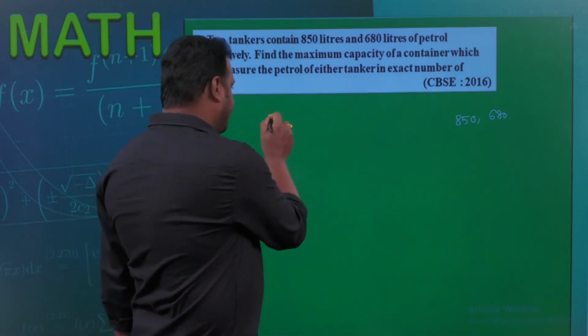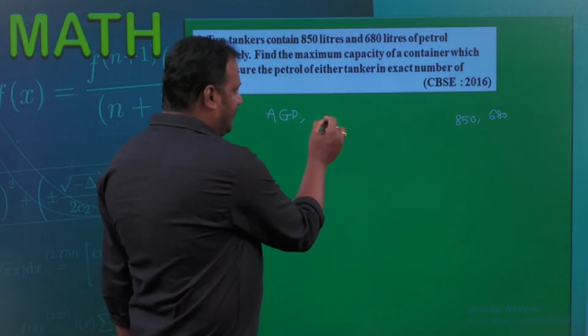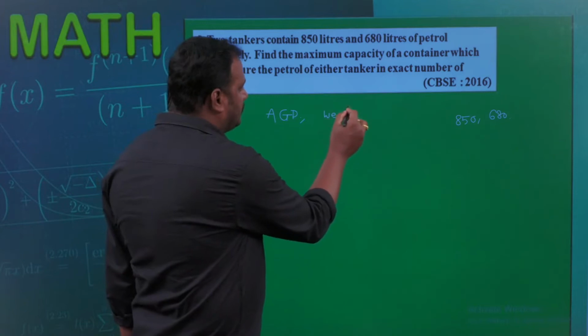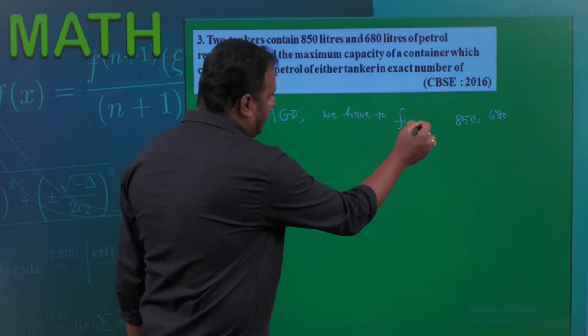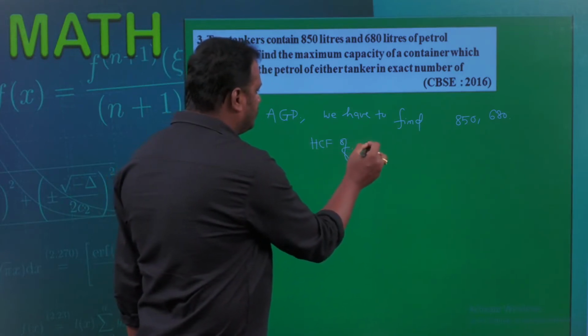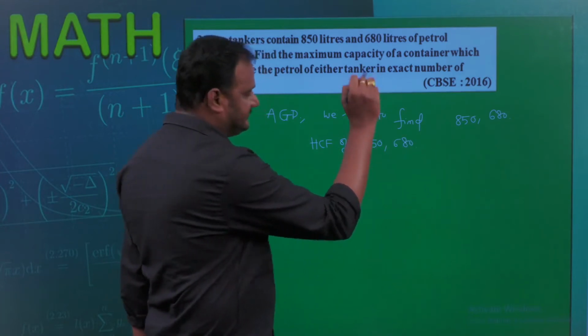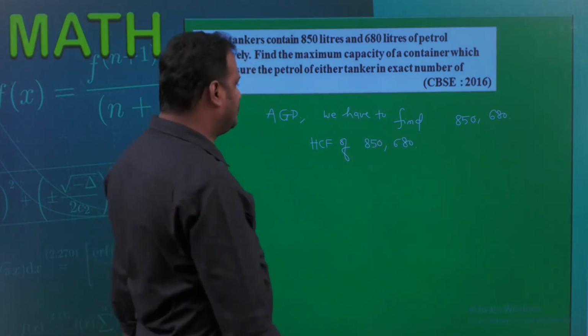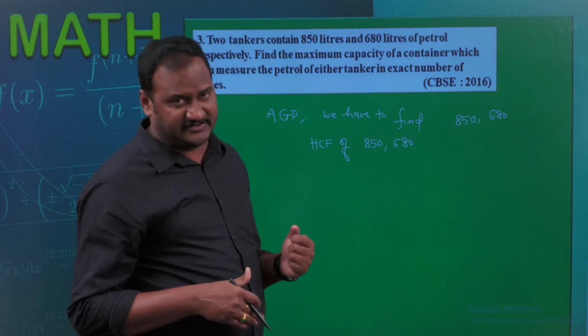So according to the given problem, we have to find the HCF of, what are those two numbers? 850 and 680. You understand? So now you have many methods to find HCF. I'll go by the short division method.